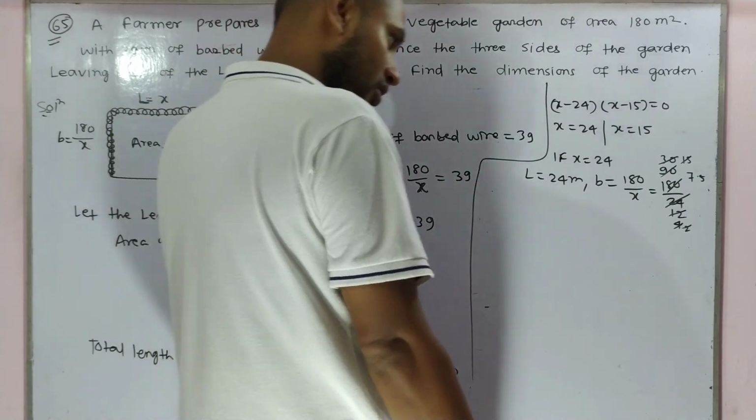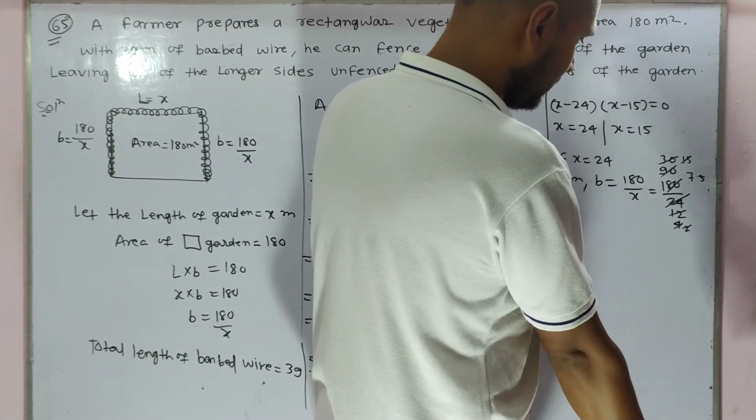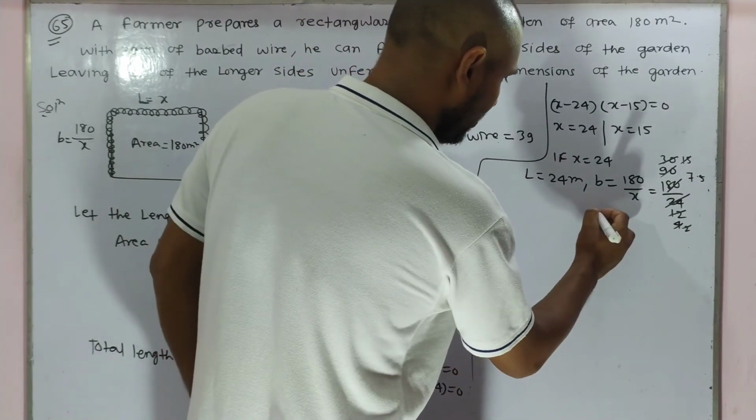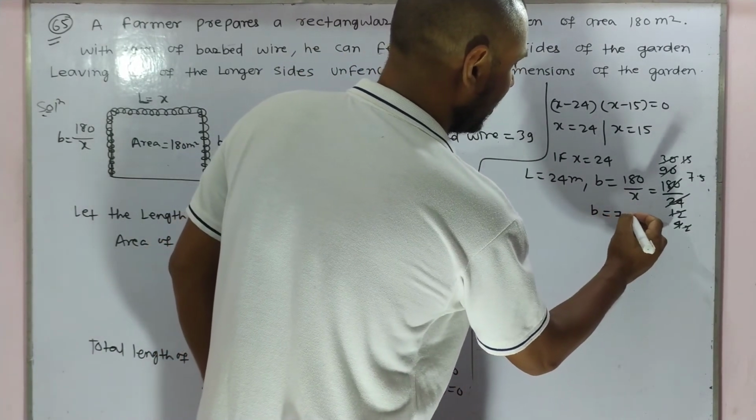If you divide, you get 7.5. So the breadth becomes 7.5 meters.